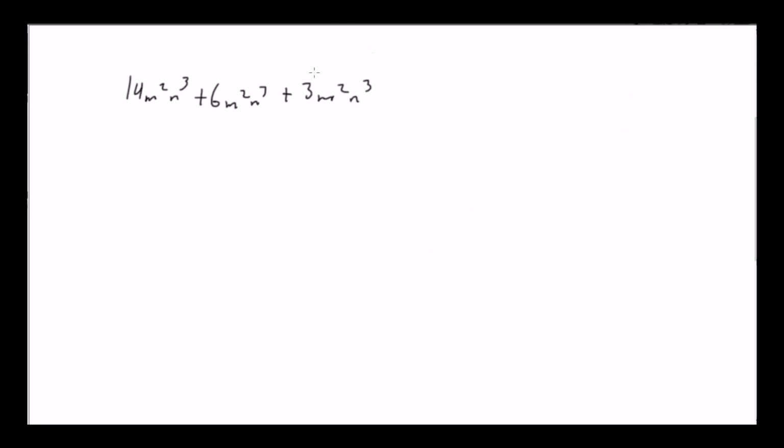Alright, so what we have to do is first look at each variable. So we have m's and we have n's. So I'm going to go through real quick and just mark each one.